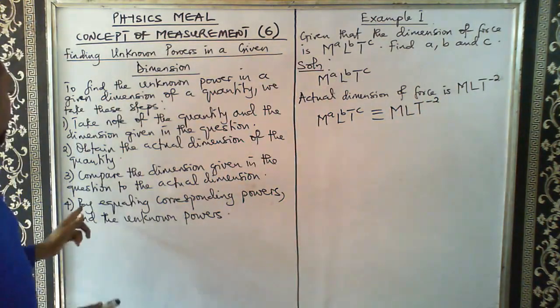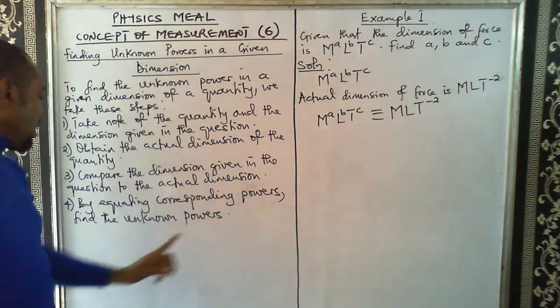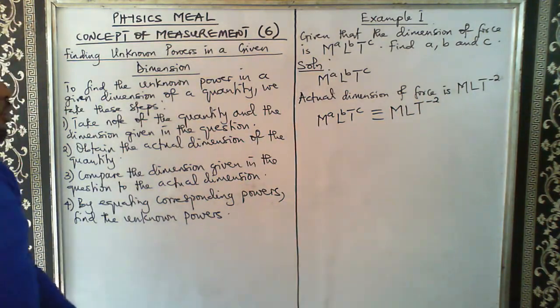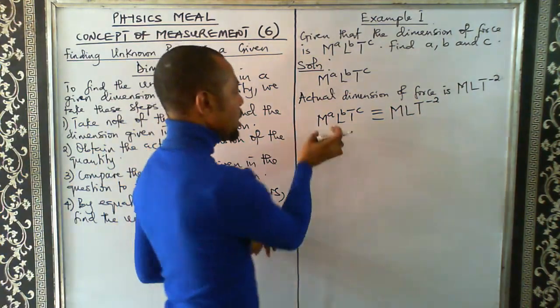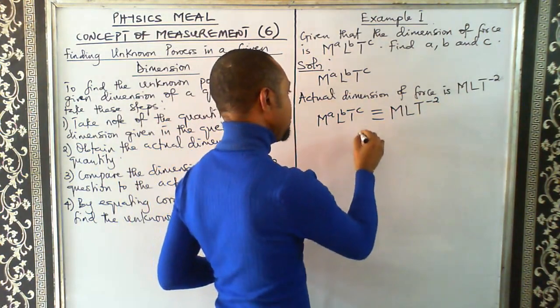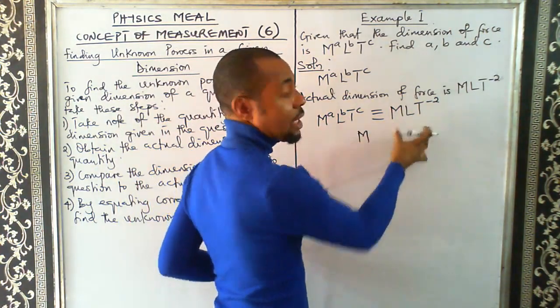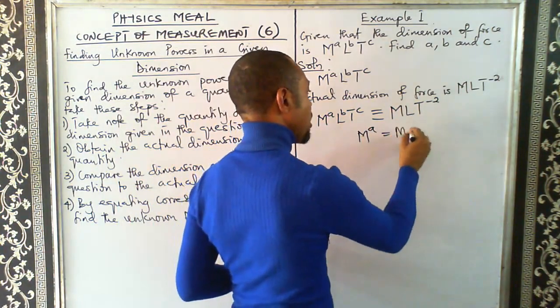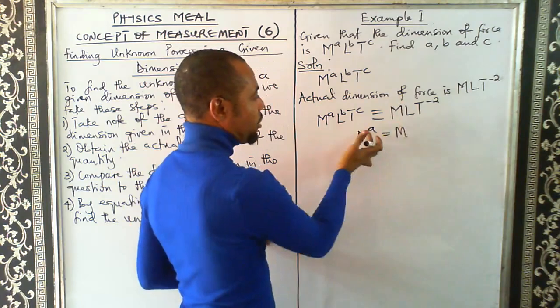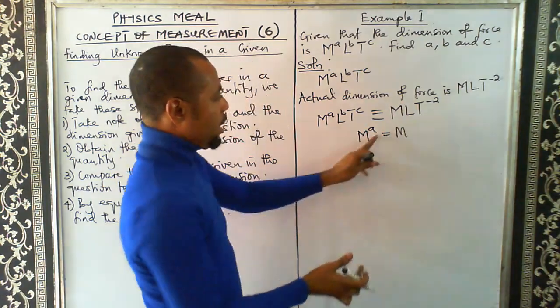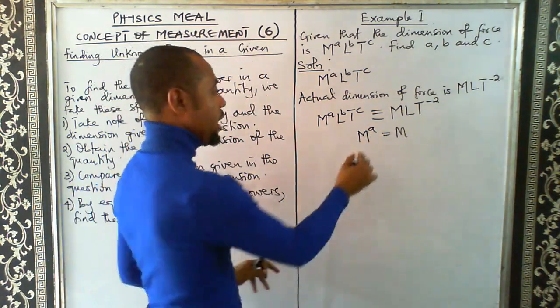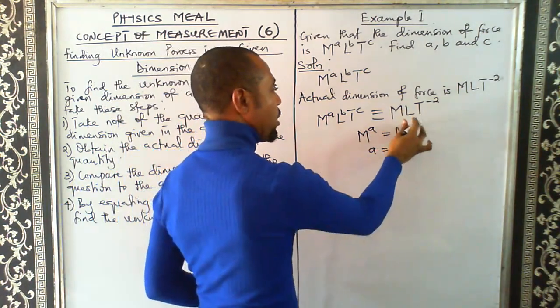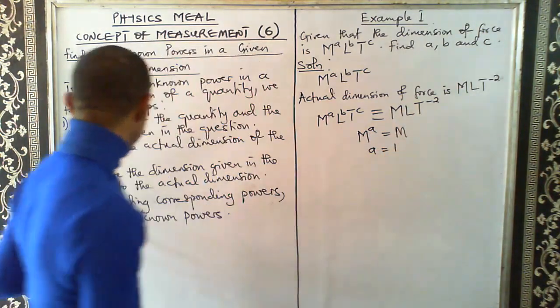They now say by equating corresponding powers, find the unknown powers. So let's equate this mass here and this mass here. If this and this are the same, then M to the power a will be equal to M. Let's equate the powers. The power of M here is a, and the power of M here is 1. That's what that step is saying.